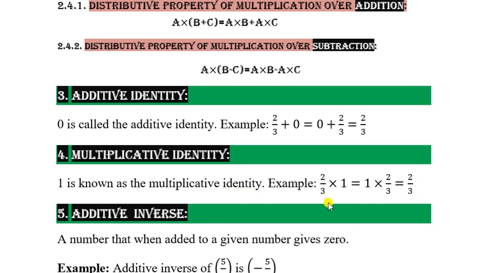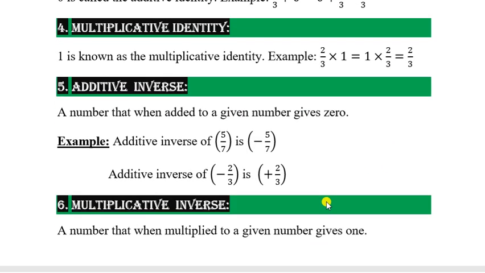Additive inverse. Now I am going to explain additive inverse. What is additive inverse? You can see this definition: a number that when added to a given number gives 0. That means for a given number, you add another number to it. If the result is 0, then definitely that number is the additive inverse.